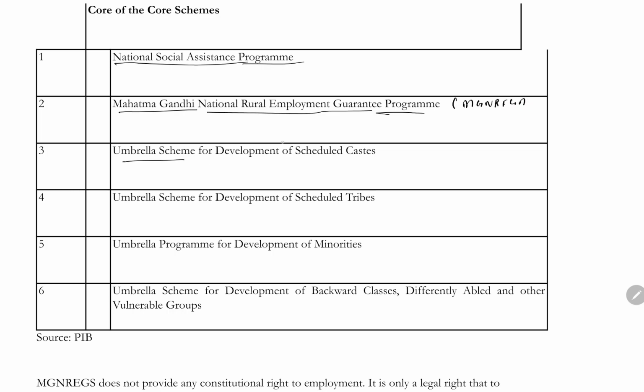Third is the Umbrella Scheme for the Development of Scheduled Castes, Scheduled Tribes, Minorities, Backward Classes, Differently Abled and Other Vulnerable Groups. So these are the schemes that come under the core of the core schemes of the Government of India.